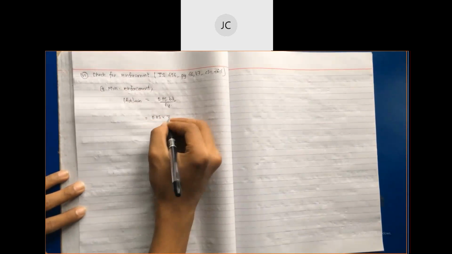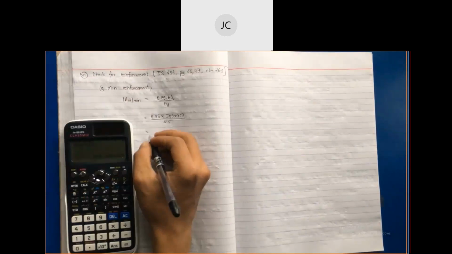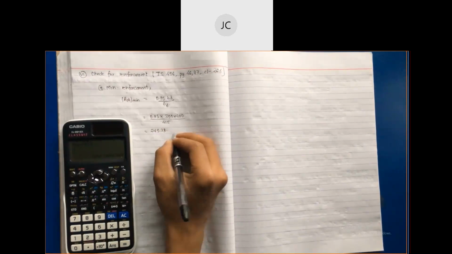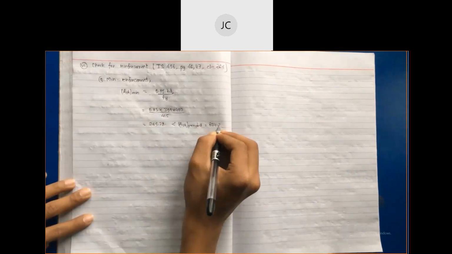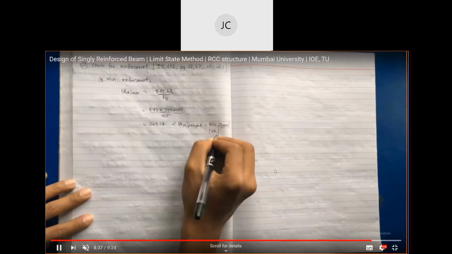So AST minimum equal to 0.85 BD by FY. Let's see how much minimum reinforcement was there. You can see here minimum reinforcement required was 245.78 and we are providing around 824. That means our calculation is correct.